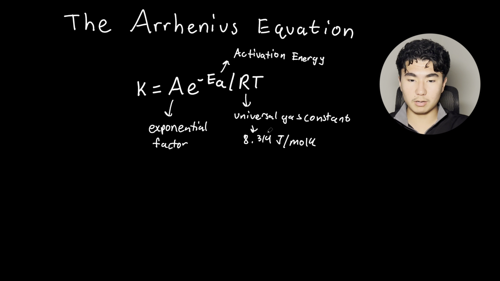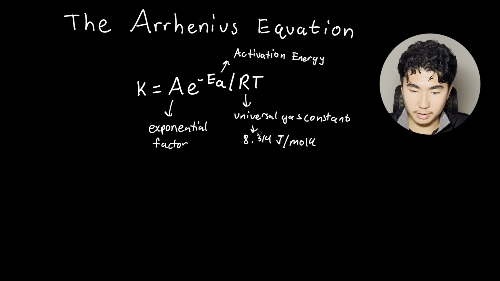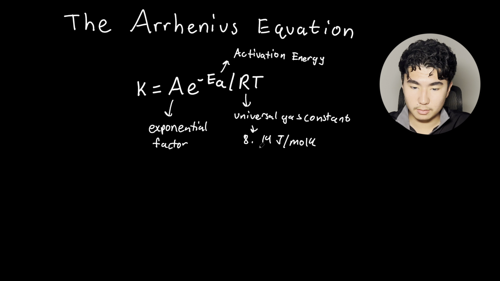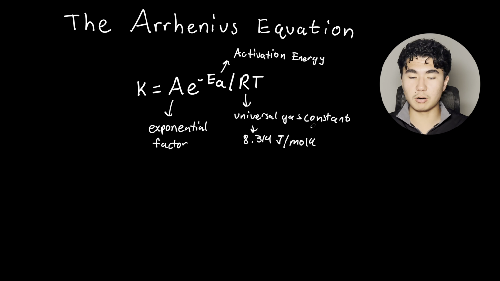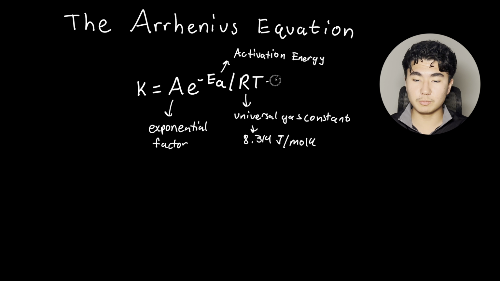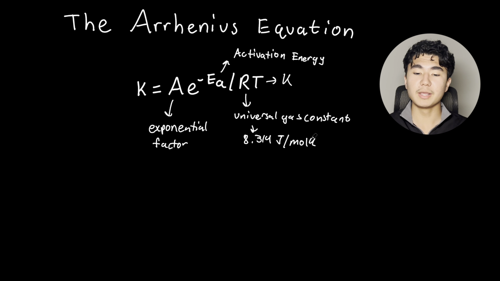So that's our R. And our temperature, which is going to be in Kelvin, since our universal gas constant is in Kelvin or K. So that's what one form of our Arrhenius equation looks like.